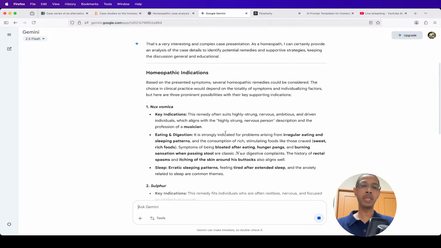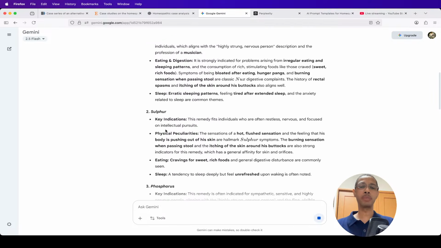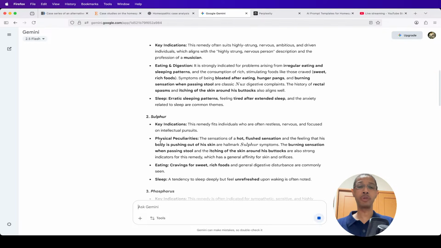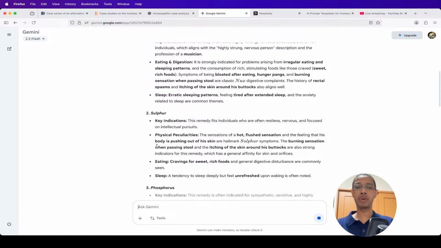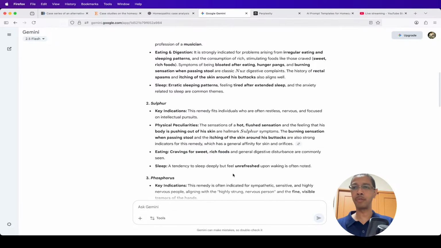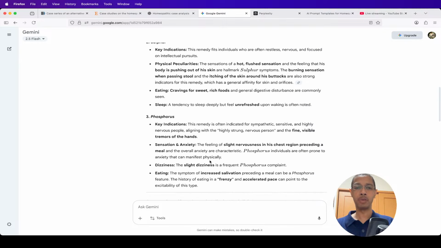So the remedies it comes up with are Nux vomica, sulfur. Sulfur comes up again. Phosphorus. It gave 3 instead of 4 here. So it gave sulfur, Nux vomica, and phosphorus. And we've got the points of why it chose what it chose. Right?